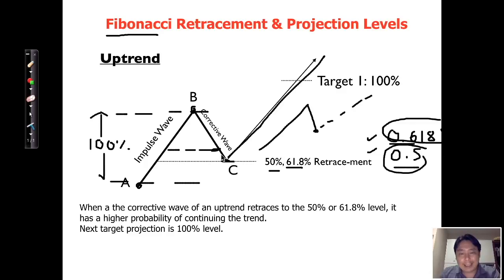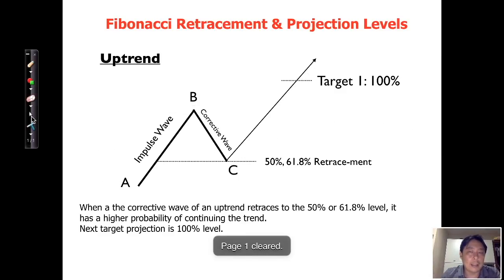If it goes down slightly more than half, it should reach the 61.8% level. And that is the time we buy to catch the wave up. If it retraces to more than 61.8%, that tells you the uptrend may be broken and we do not take that trade. It is a risky trade to take. Got it? Okay, so let's take a look at some charts and some examples to understand this concept.